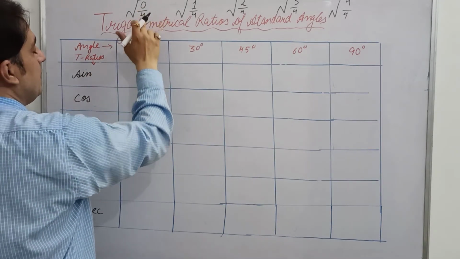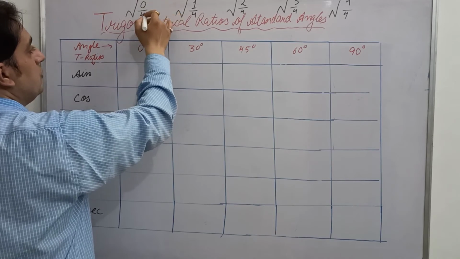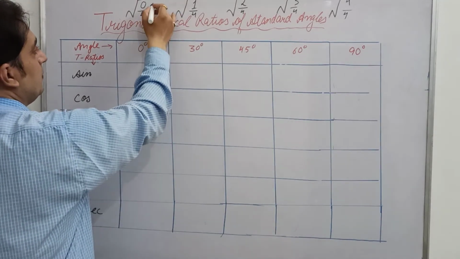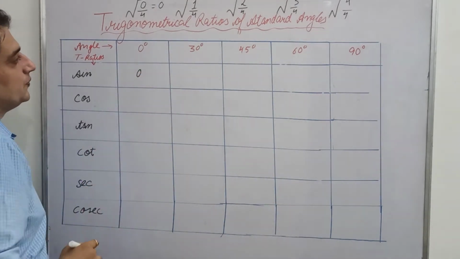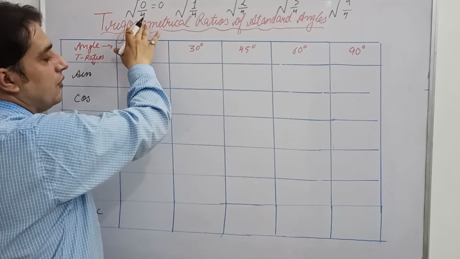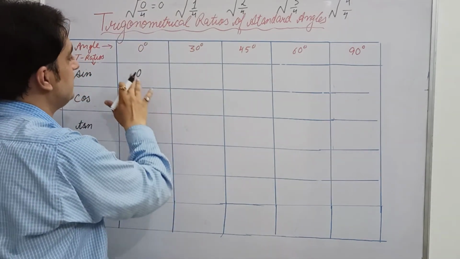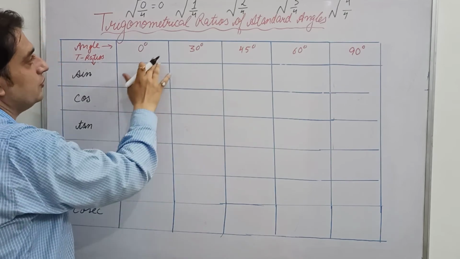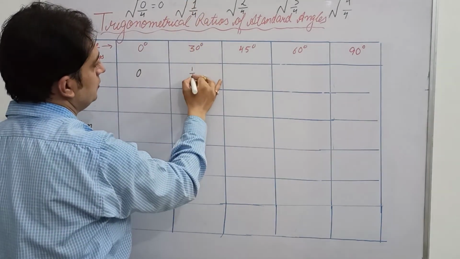So this is 0 by 4, you know the square root of 0 is 0 and 4 is 2, so this is 0 by 4 is 0. So the value of sine is 0. First 5 whole numbers, divide all by 4 and then take the square root. In this case the square root of 1 by 4 is 1 by 2.